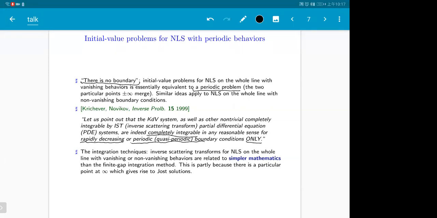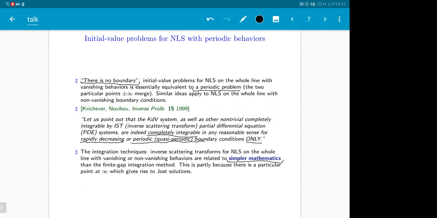So basically, the integrability is encoded in this periodic behavior. Then, if we go to the integration technique, the inverse scattering transform is actually related to simpler mathematics than the periodic problem, which can be integrated by finite gap integration.